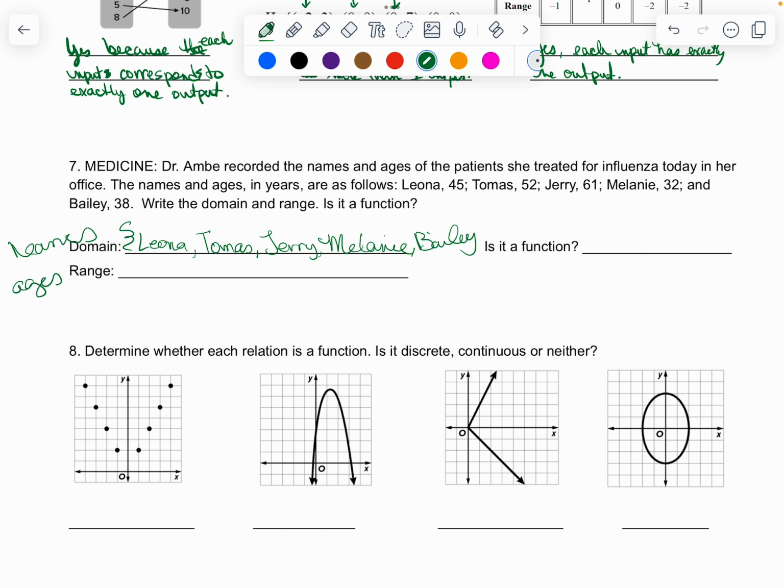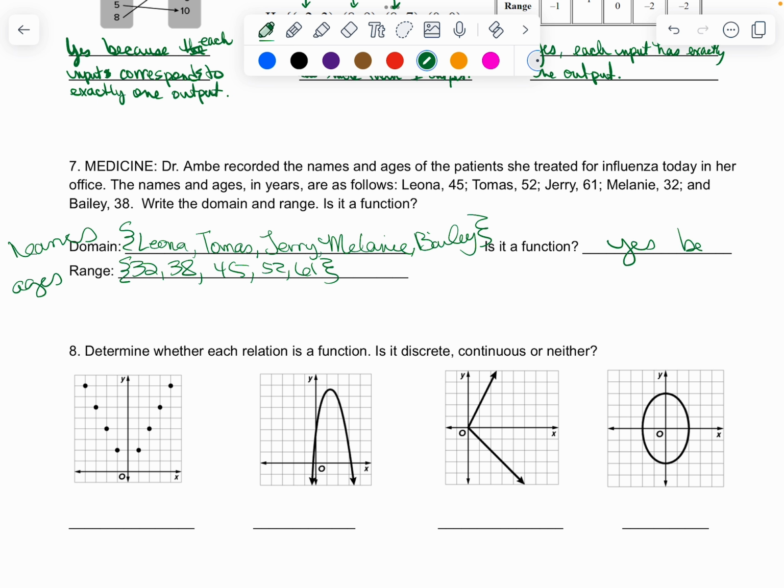And then my ranges would be, going in order, 32, 38, 45, 52, 61. And is it a function?